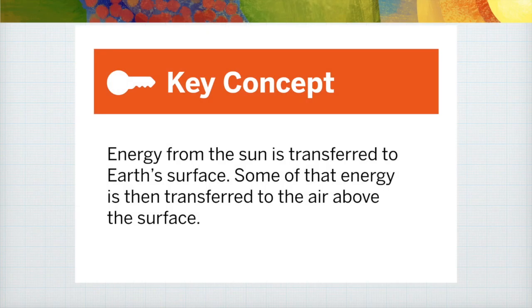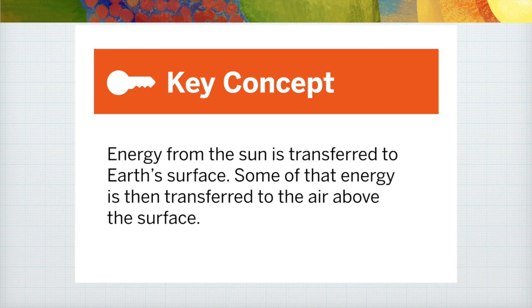If you get any idea, the main idea from today's lesson was energy from the sun is transferred to the surface. Some of that energy then gets transferred to the air above the surface. So, key concept. The energy from the sun hits the ground first and then warms the air above it.